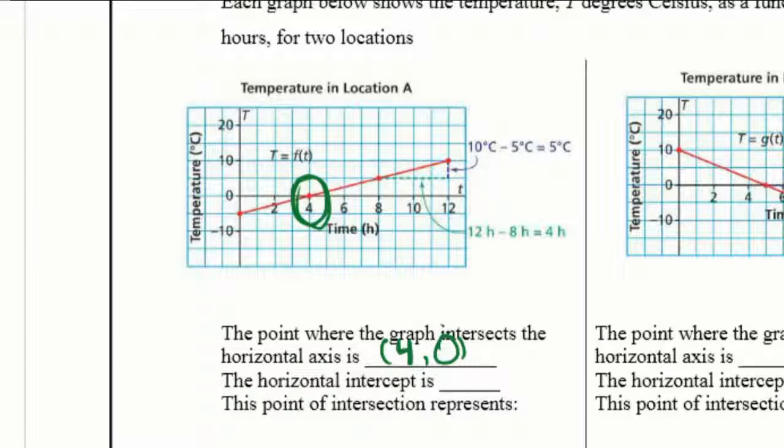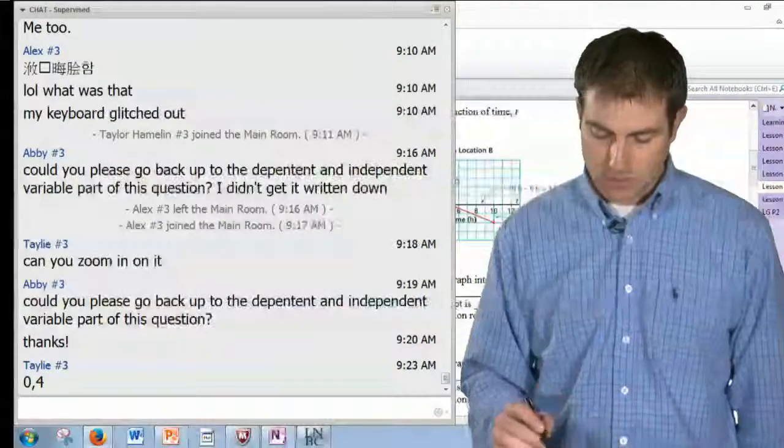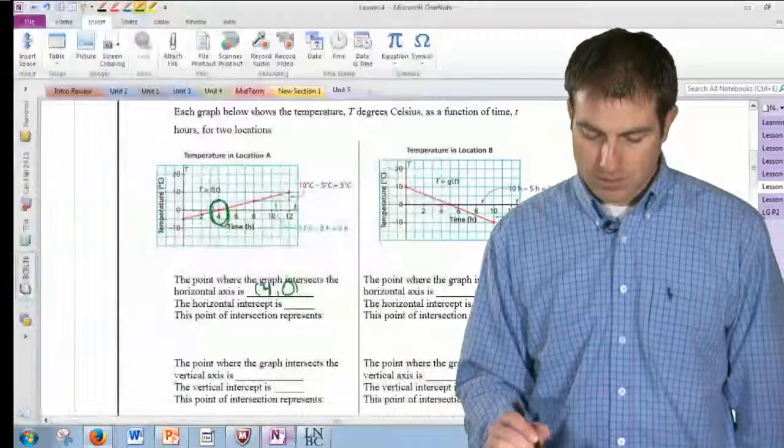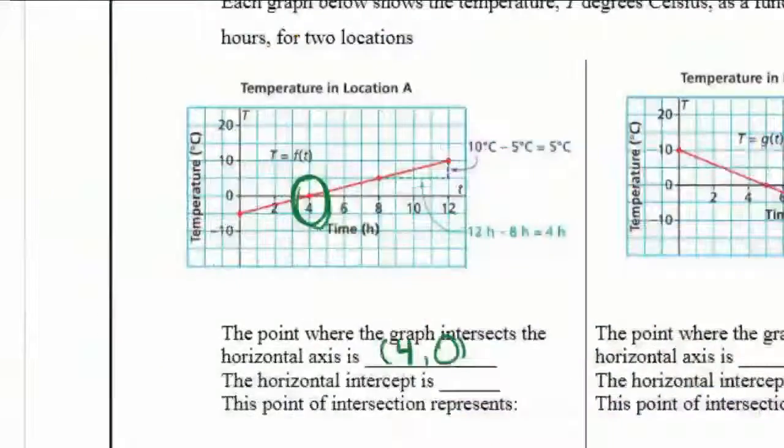Taylor, you were right, you just got them backwards. We always go x first, then y second. So that is right, though. The horizontal intercept is, if we're just asking where does it cross that horizontal axis, we're going to say 4. So just 4.